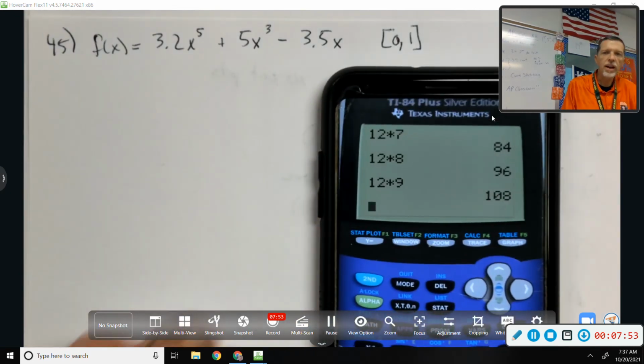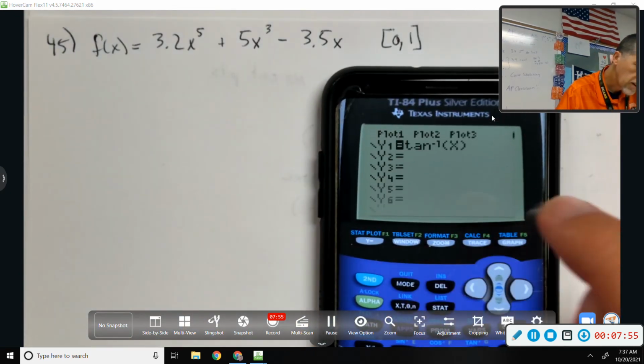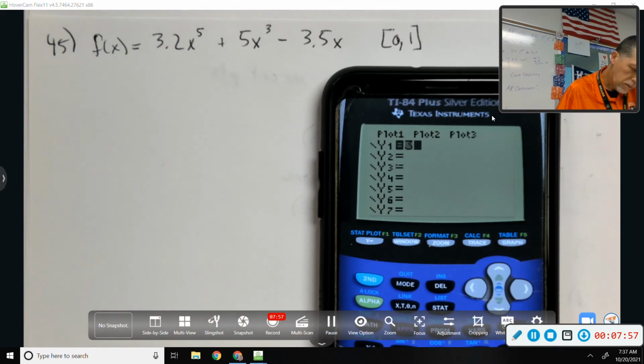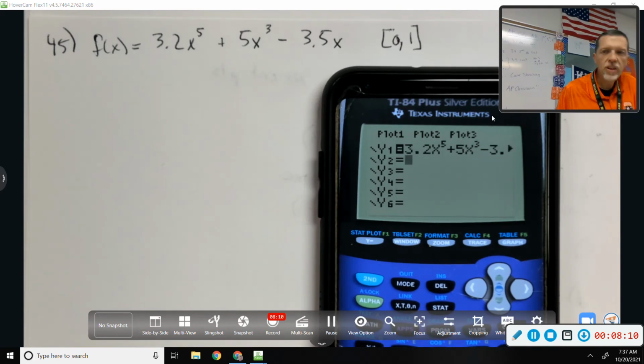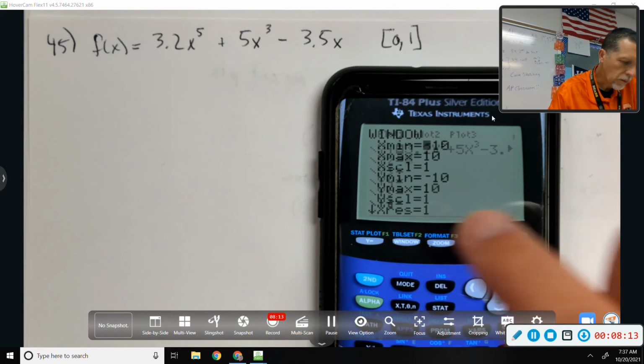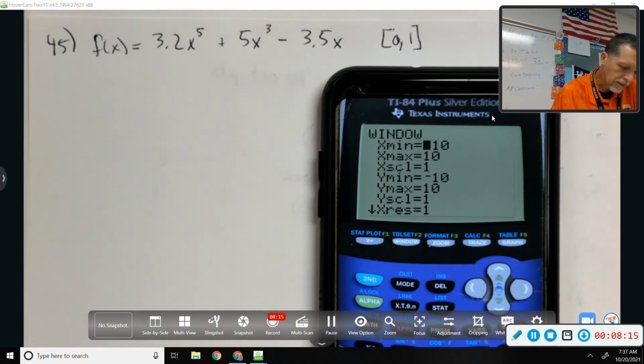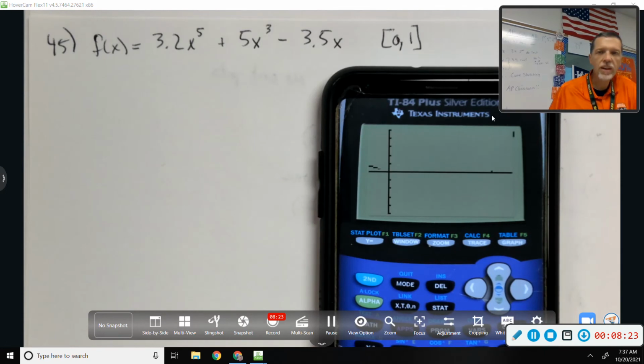So here's my graphing calculator. 3.2x to the 5th plus 5x cubed minus 3.5x. And I only want to see it from 0 to 1. So window, I'll go a little bit less than 0 and a little bit more than 1. I don't really know what my y value should be, so we'll just see if that works.